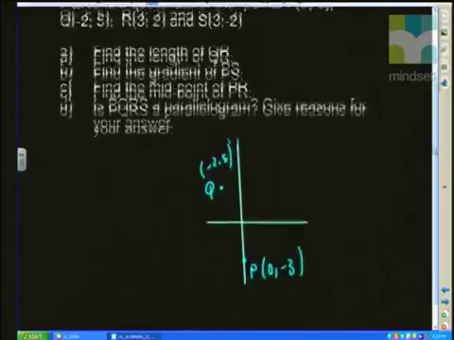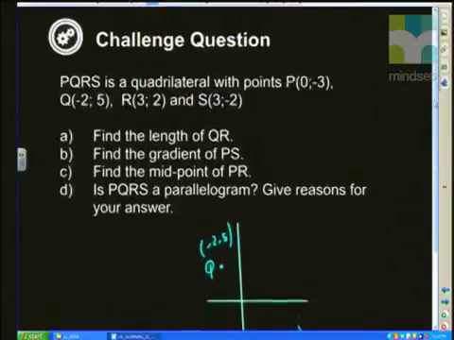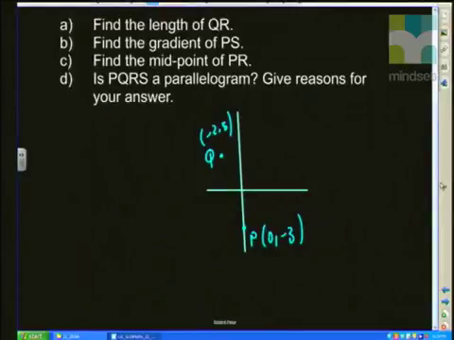And we had R, x is equal to 3, and the y value was 2. So x is 3, y is 2. We want that below Q. There we go.